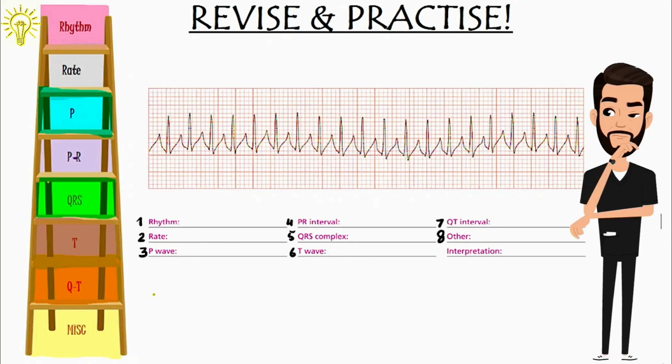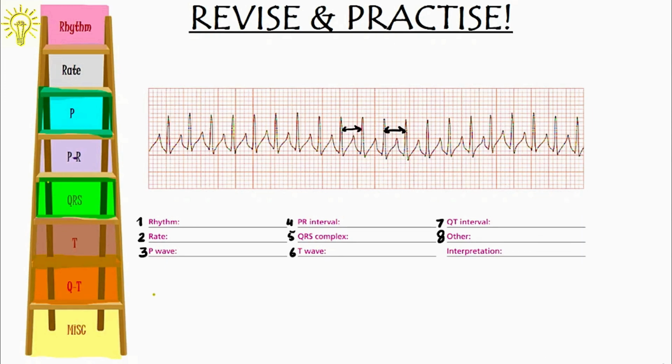So how about this ECG? Well, we can see that the distance between R waves is quite uniform, so the rhythm seems regular. For the rate, we do not have 30 large boxes here in width, so to calculate the rate I would rather use the box method or the sequence method.